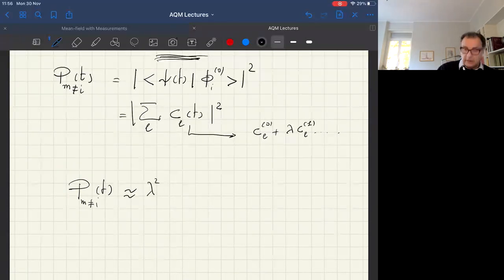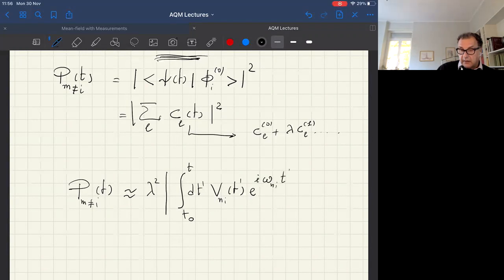I take lambda real, okay, for simplicity. We can do it with lambda complex, but we have to write the Hamiltonian in a slightly different way. So this is nothing else than just the C1 squared: the integral of t0 to t of dt1 V_ni of t prime e to the i omega_ni t prime, modulus squared.